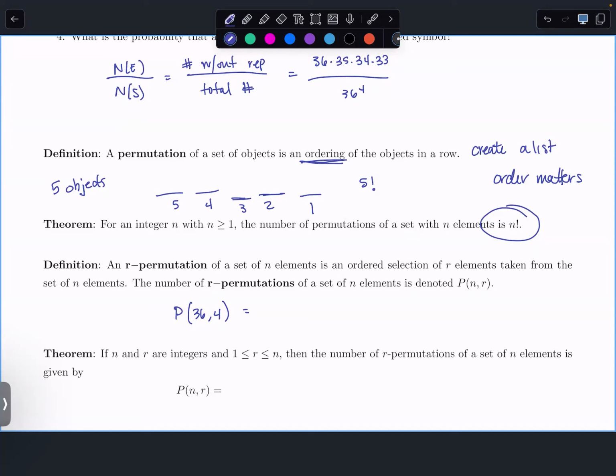In that first spot, I have 36 things, in the second spot I have 35 things that could happen, in the third I have 34, and in the fourth I have 33. So we're permuting 4 of those 36 elements, and repetition's not happening. This is what we did on number 3.